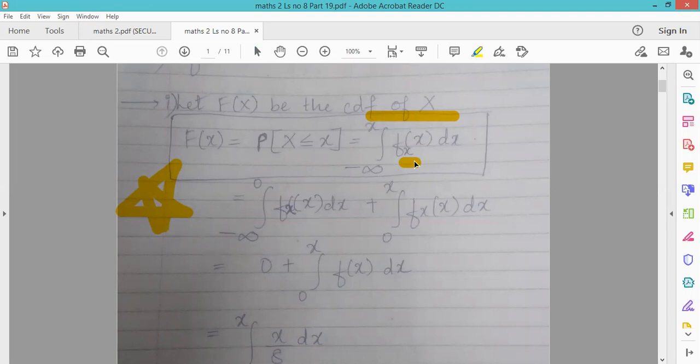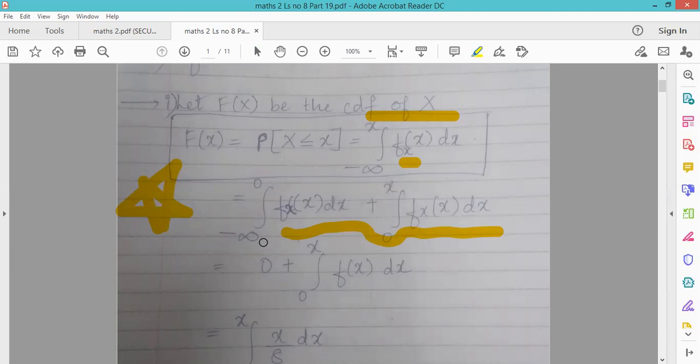So I repeat the formula again, class. For F of x, probability x less than or equal to x, integration minus infinity to x, f of x dx. So when we split up the formula, it becomes like this: integration minus infinity to 0, f of x with respect to dx, plus integration 0 to x, f of x dx.